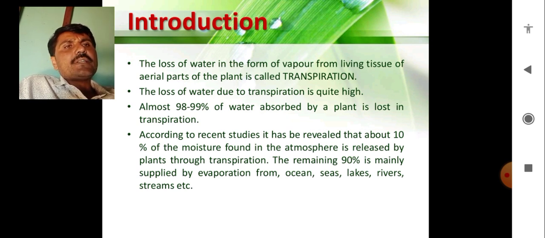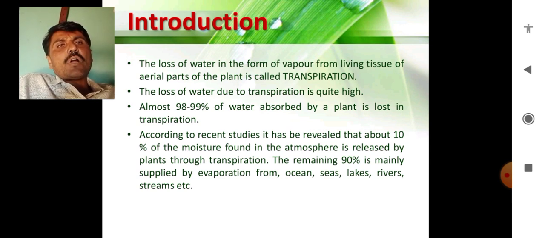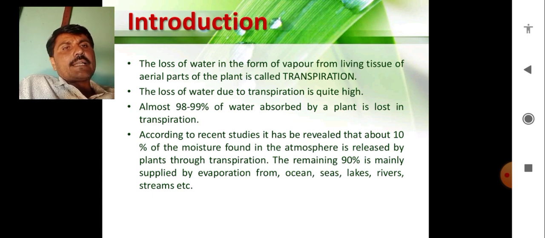When the transpiration rate is high, the loss of water is also high in plants. Almost 98 or 99% of the water absorbed by a plant is lost in the transpiration process.